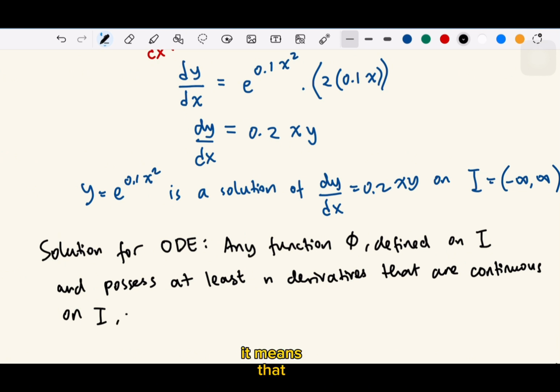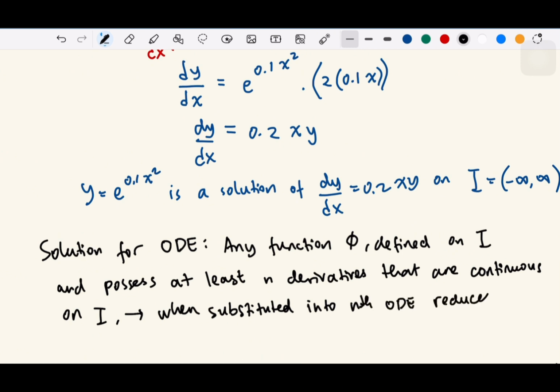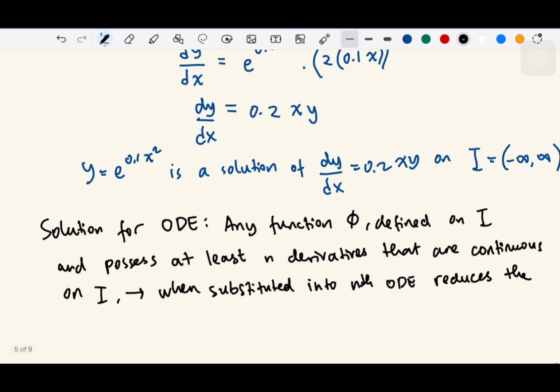it means that when substituted, it means if we check the solution, okay, if we check the solution into the nth ODE, it reduces the equation to an identity, which means it can be solved.